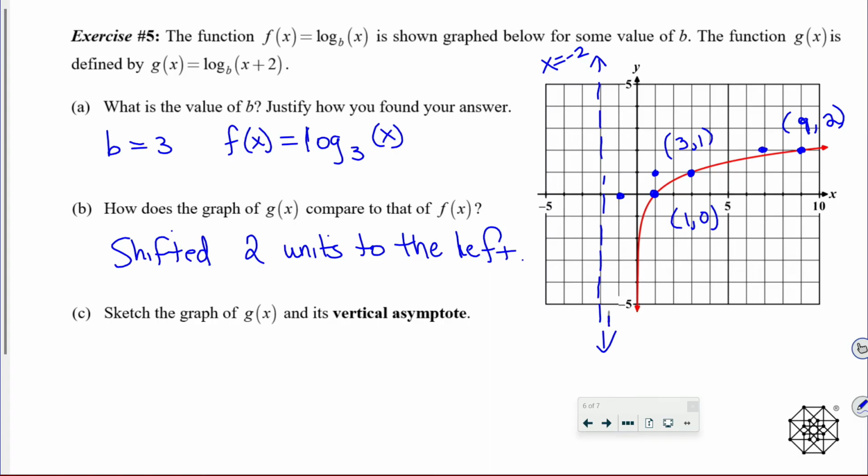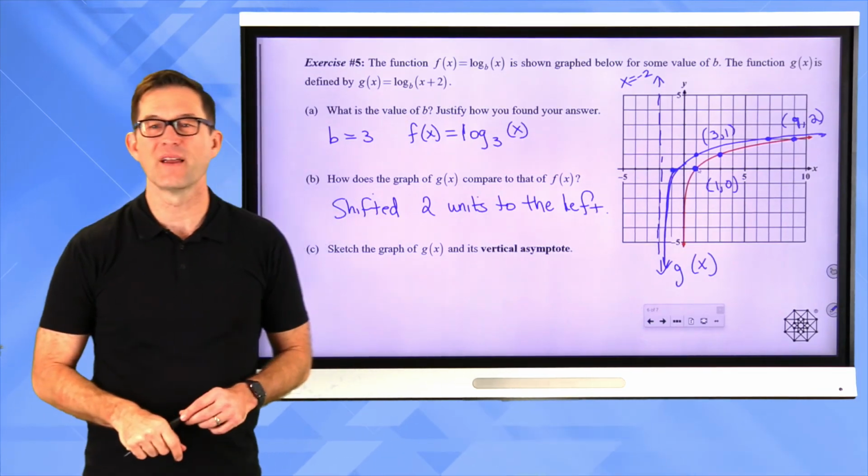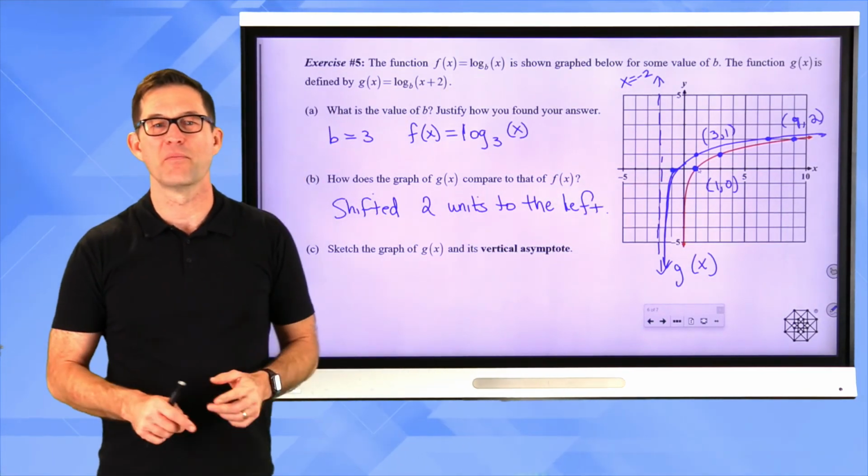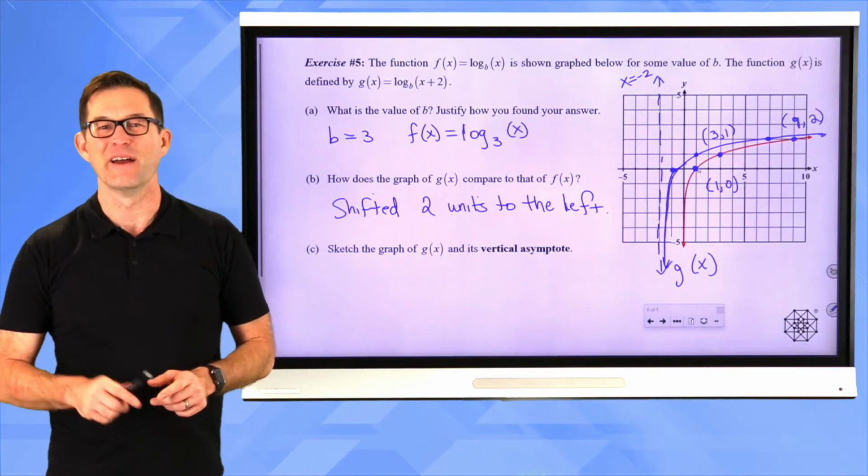And then I can just do my best to make the graph actually go through them all and I can then get g of x. There it is. Not the prettiest one right here, but I almost made it through the point. Almost. All right, let's summarize.